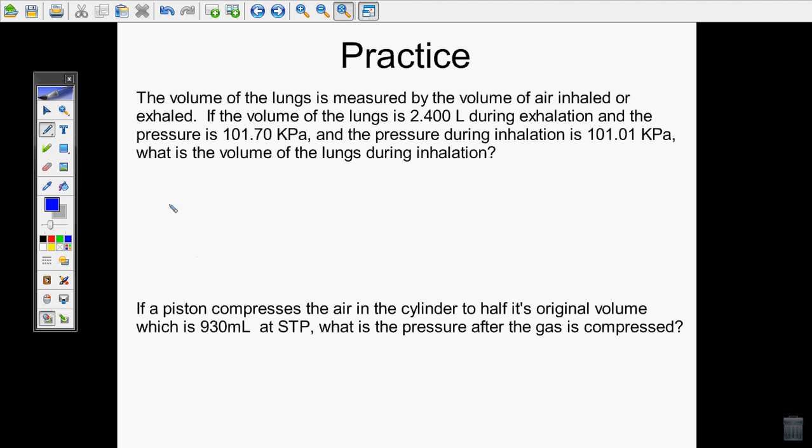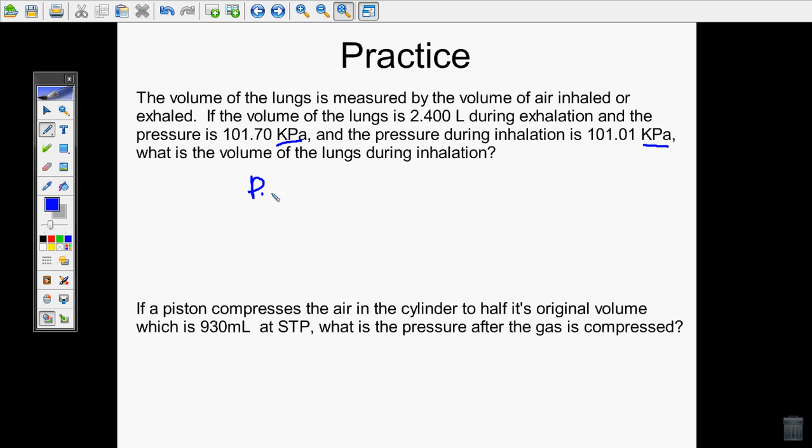All right, the volume of the lungs is measured by the volume of air inhaled or exhaled. If the volume of the lungs is 2.4 liters during exhalation and the pressure is 101.7 kilopascals, and the pressure during inhalation is 101.01 kilopascals, what is the volume of the lungs during inhalation? Okay, so like I said, for Boyle's law, as long as your units are the same, kilopascals, that's fine. It doesn't have to be in atmospheres or liters.